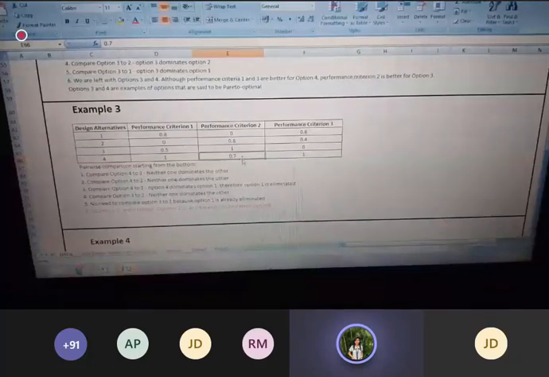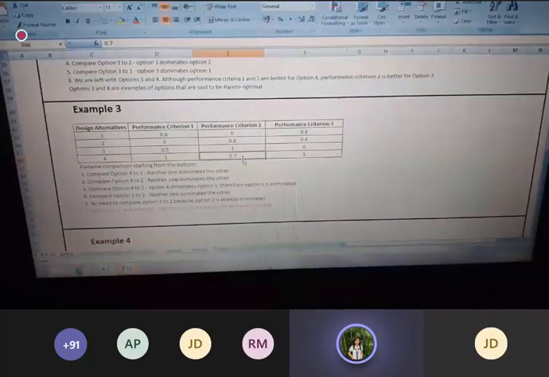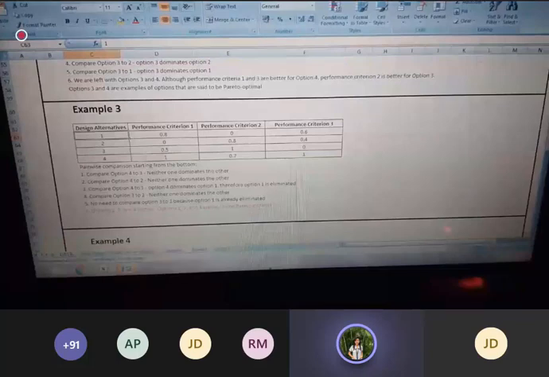When it comes to performance criterion 2, option 4 is better because option 1 is 0. When it comes to performance criterion 3, option 4 is better. So design 1 was actually dominated by option 4.